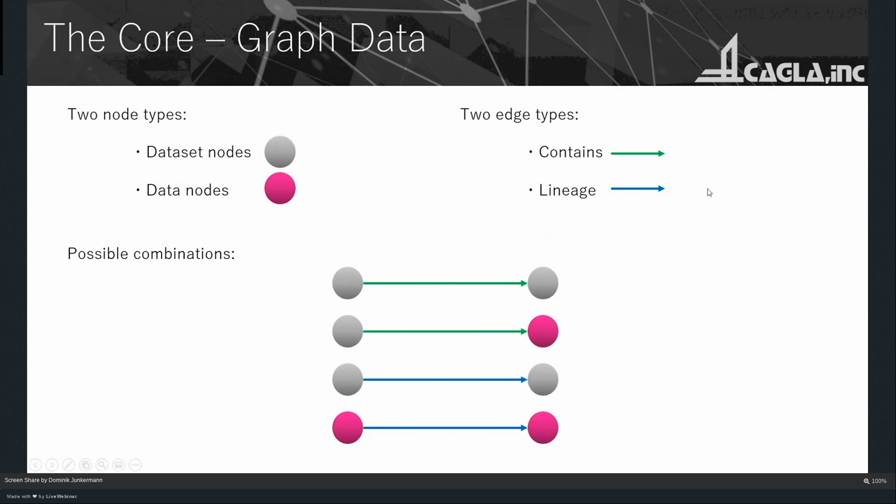The edges also are kept to a minimum inside the core, being the contains edges. These edges are only used to show which dataset contains which other dataset or which other data node. And the lineage edge, which is used to display the development of either datasets or data nodes.